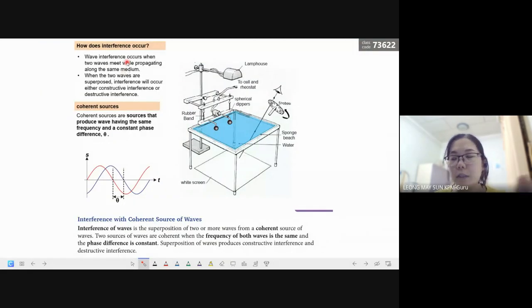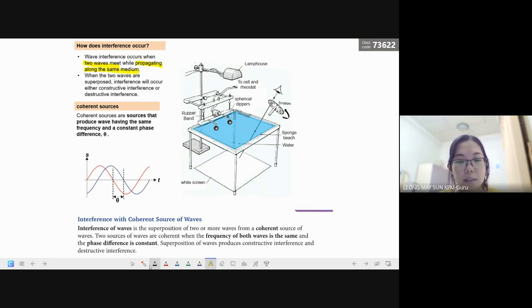Now, first things first, we have to understand interference. Before we go into constructive and destructive interference, we have to know what interference means. How does interference occur? Interference occurs when two waves meet while propagating along the same medium.